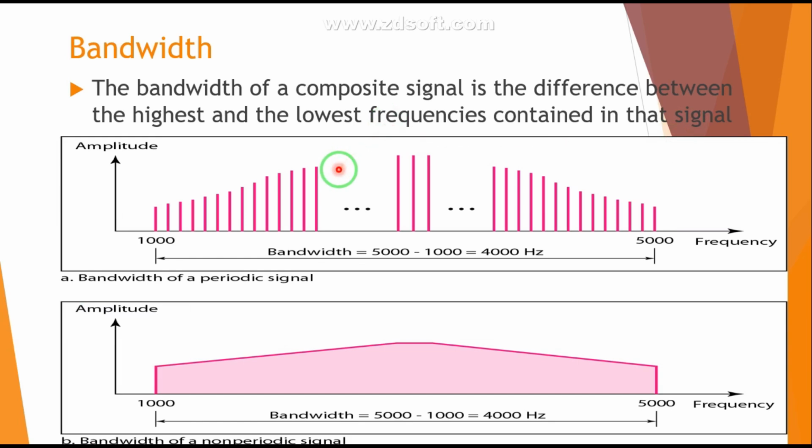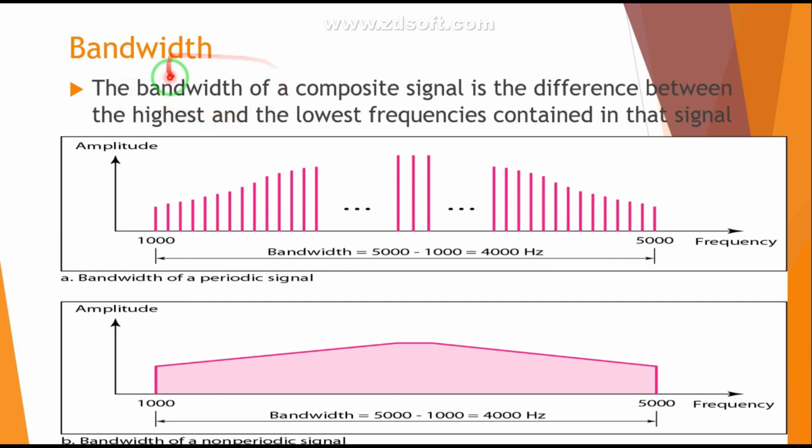So you can see from the figure, if you want to calculate the bandwidth, if a medium is going to pass a frequency between 1000 and 5000 without losing most of the power contained in this range, the bandwidth is what? 5000 minus 1000, that is 4000 hertz or 4 kilohertz.